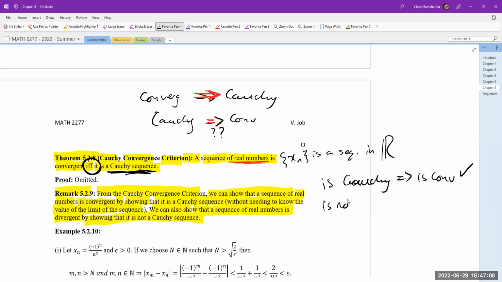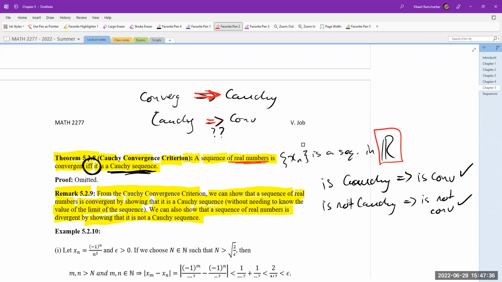If it is not Cauchy, because it's an if and only if statement, this means it is not convergent. Okay, in other words, as long as we're in the real numbers, Cauchy sequences and convergent sequences are the same. Okay, they're equivalent. They're the same.